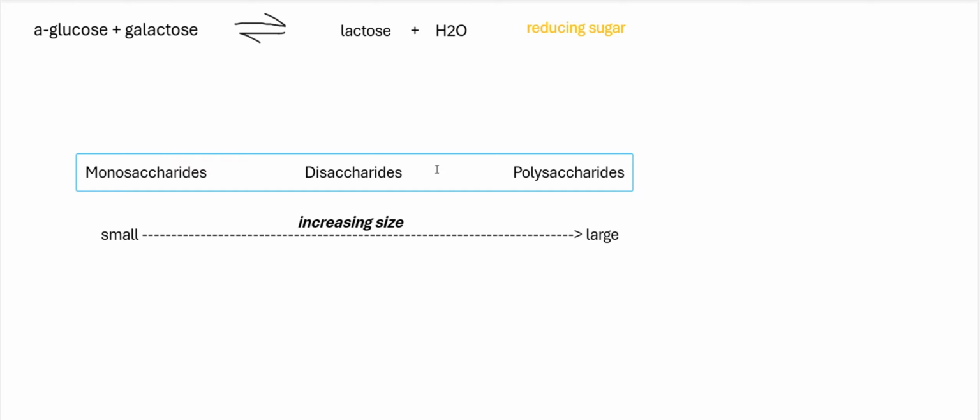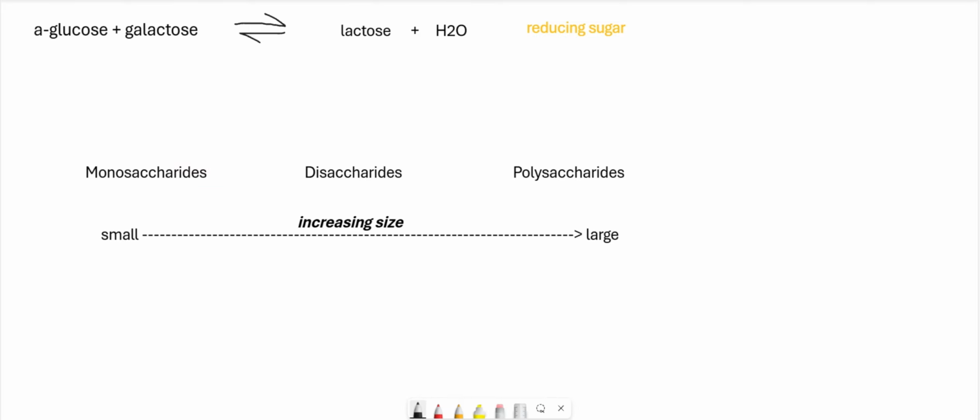And this is simple to understand. I'll draw squares for you. If I was to represent monosaccharides by a square, this is how it would look. Disaccharides by two squares, as it's two monosaccharides joined together. And polysaccharides are just many monosaccharides joined together, so it will just be many.